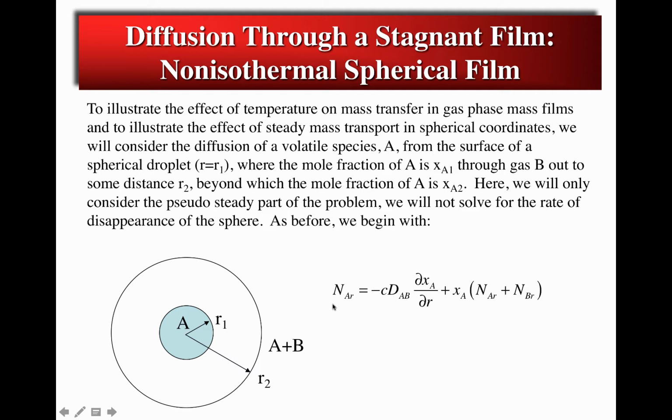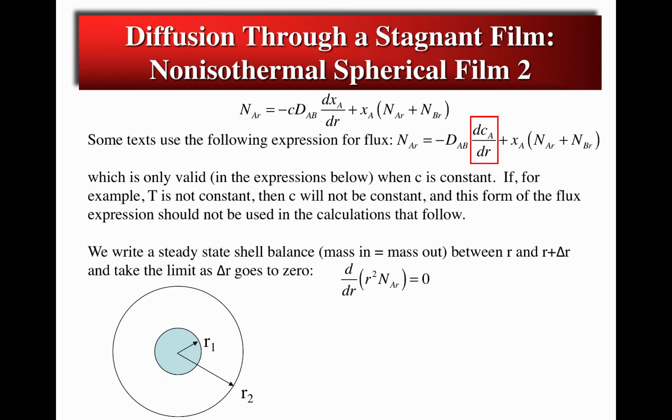The expression for flux, which you'll find in your textbook, in the radial direction is exactly the same as it was in the linear or rectangular coordinate system. The only difference now is we've replaced Z with R. Some texts will automatically write the expression for the total flux as minus the diffusion coefficient times the gradient in the concentration in the radial dimension.